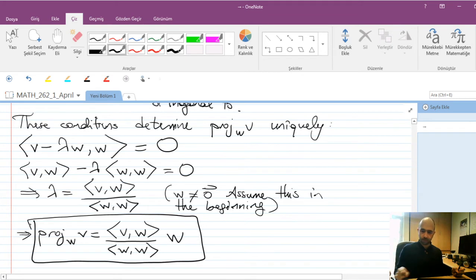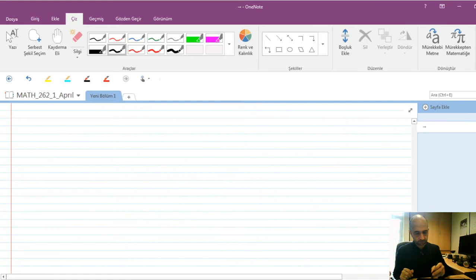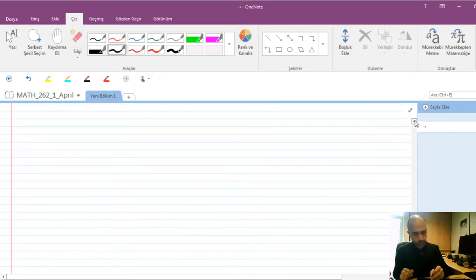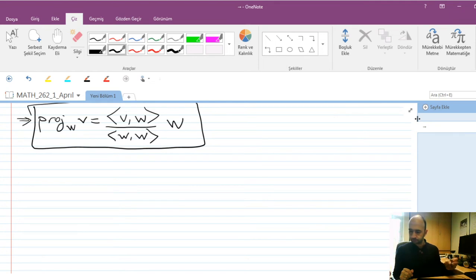Okay, this is very nice because it's computed purely in terms of the inner product, and all you have to do is this inner product operation and division. It's quite easy to compute. Okay, now let's do one example with that. Let's do something geometric in some dimension, let's say 5 dimensions maybe. Let me try to keep this formula on the screen for a while.